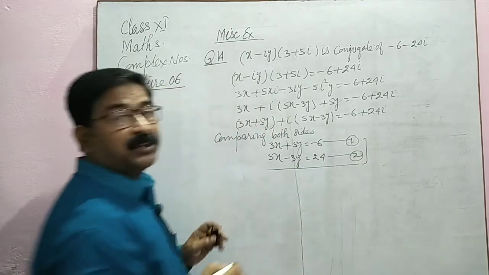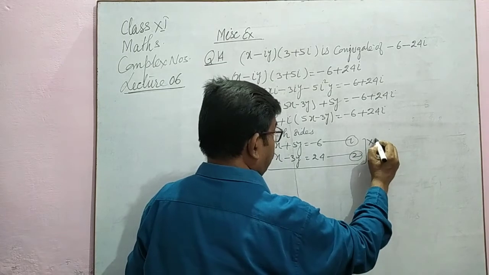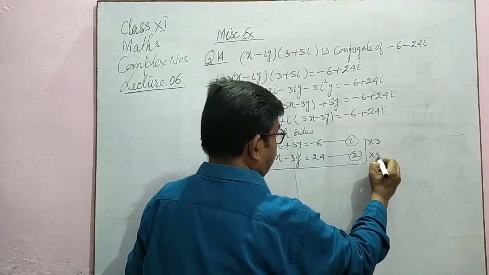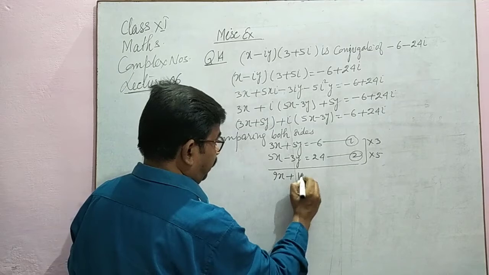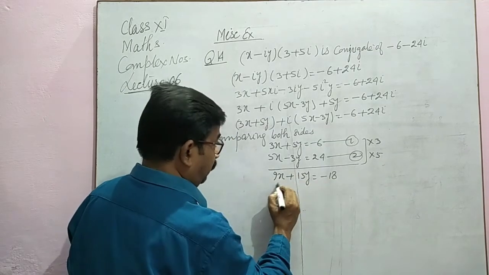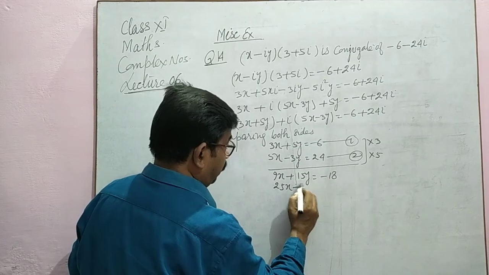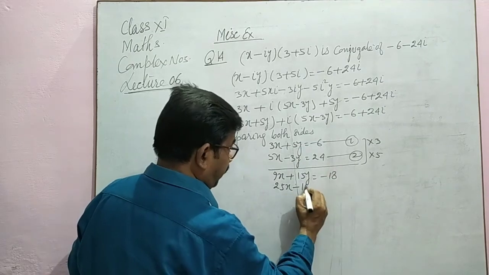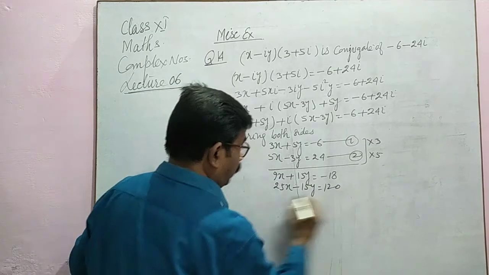By the elimination method, change the coefficients: multiply the first by 3 and the second by 5. Let's see, 3 3s are 9x plus 15y is equal to minus 18. Here 5 5s are 25x minus 5 3s are 15y is equal to 120.